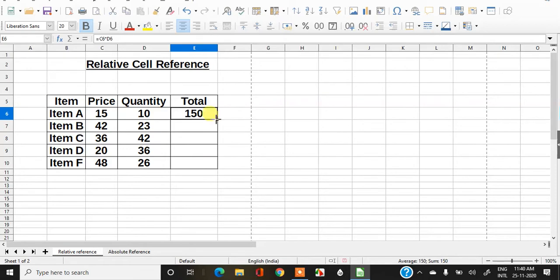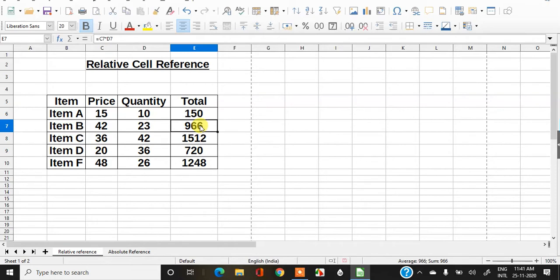I put the mouse in the right corner of the total 150. My cursor changes to the autofill handle, the plus symbol, and I drag the mouse from here to the remaining cells, and the result is automatically applied. The formula is copied to the selected cells. So this is known as relative cell reference.